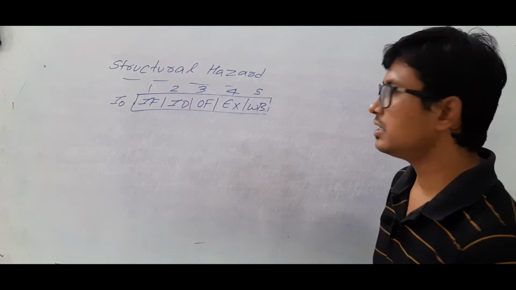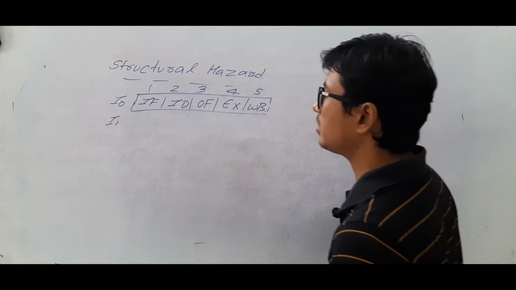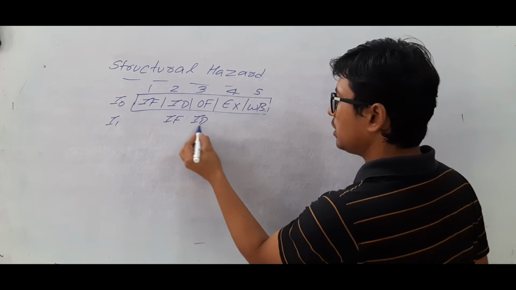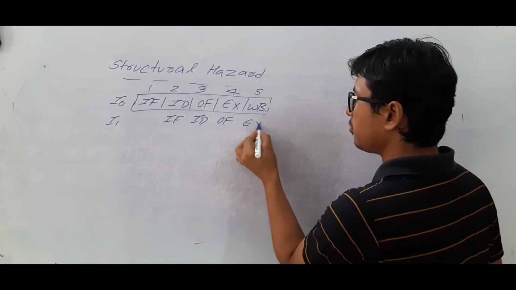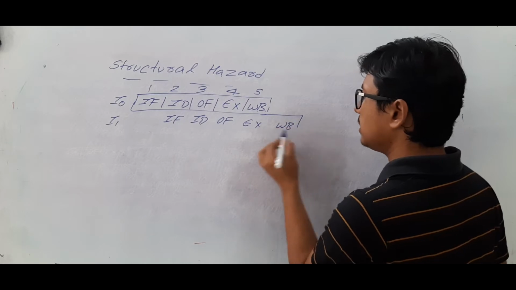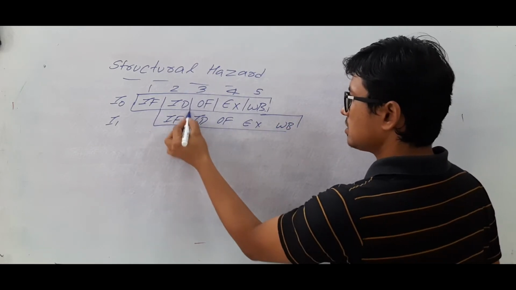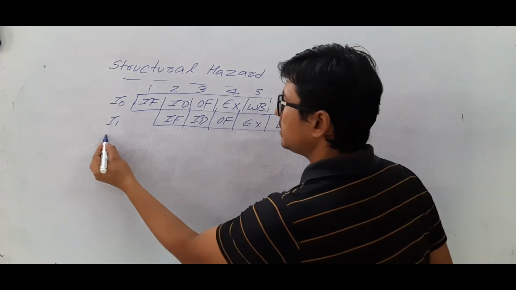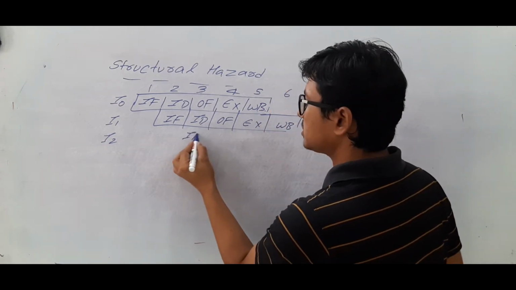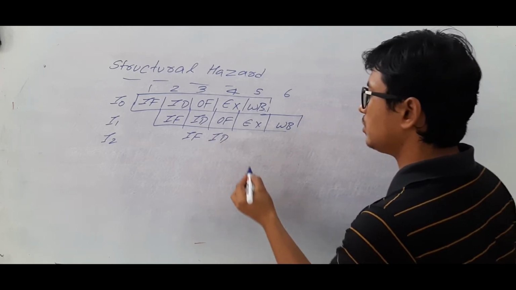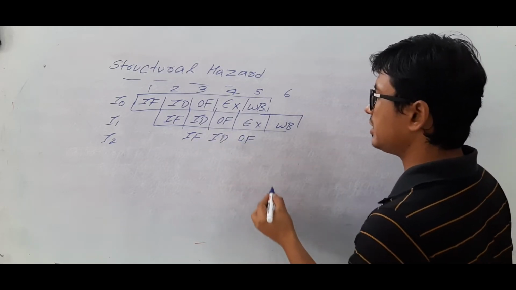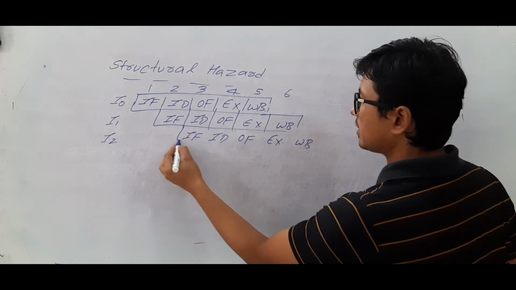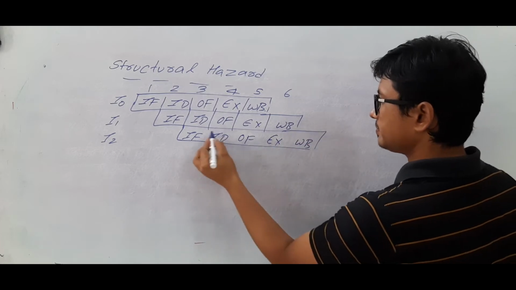Similarly, instruction 1 will perform its fetch in clock cycle 2. Decode you will do, operand fetch you will do, and you will perform execute and write back in clock cycle 6. Similarly, instruction 2 will perform its instruction fetch, instruction decode, operand fetch, execution, and write back. Is it clear?